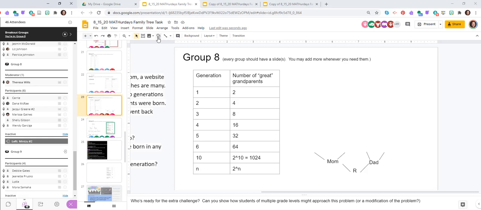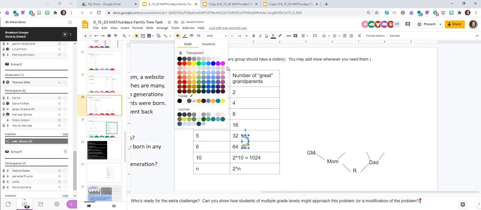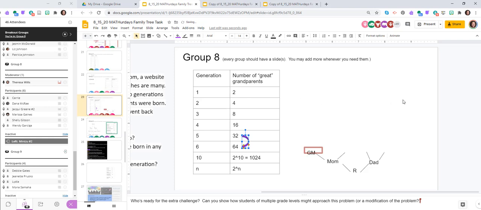Hi there, Group 8. Hello. Hi, I love your table here. I can see so many wonderful numbers. Can someone explain to me your thinking? I'm going to go ahead and put a purple arrow in, and you let me know what your thinking was to get to the 64.